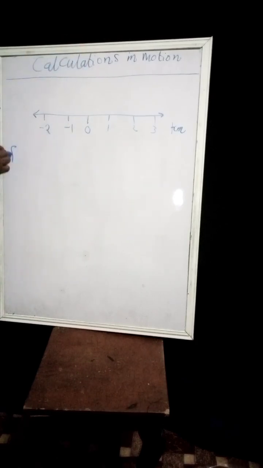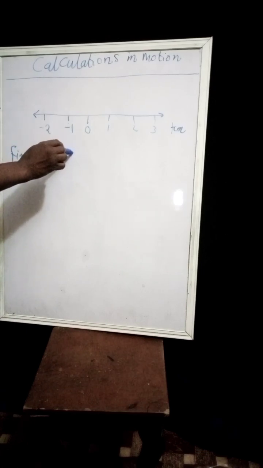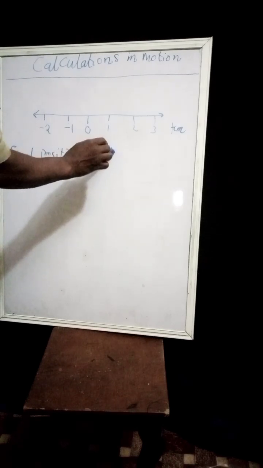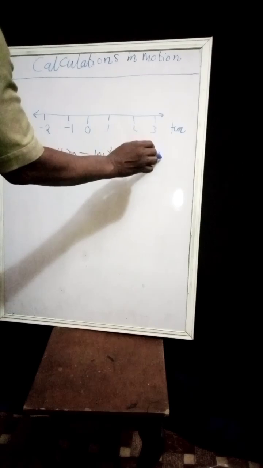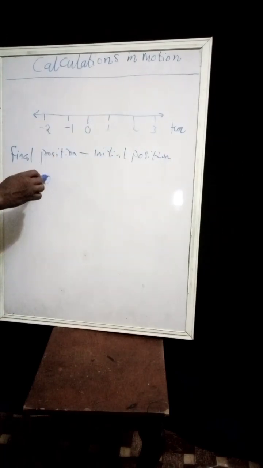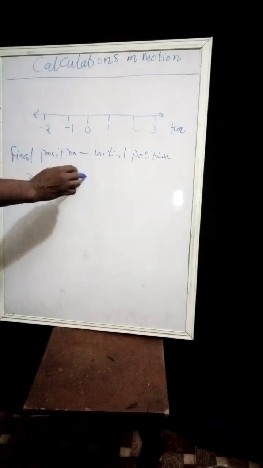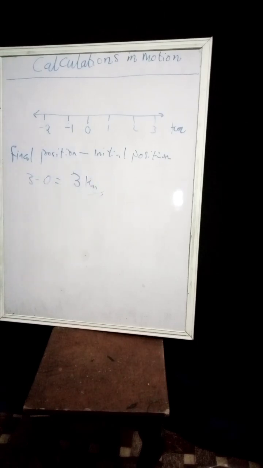The final position minus the initial position. Remember our formula. Our final position here is 3. So we have 3 minus 0, and that gave us 3 kilometers as the displacement.